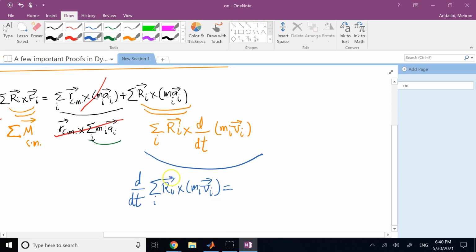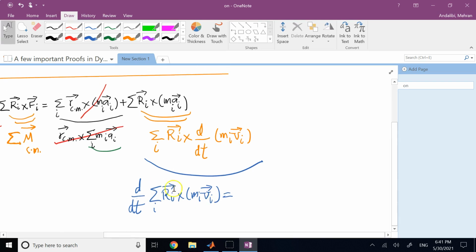You will get time derivative of Ri's. And what is time derivative of Ri? That's the important thing that we have to pay attention to. And of course, the second term is definitely this guy here. So it is going to be this term plus one additional term, which is time derivative of capital Ri cross MiVi, right?